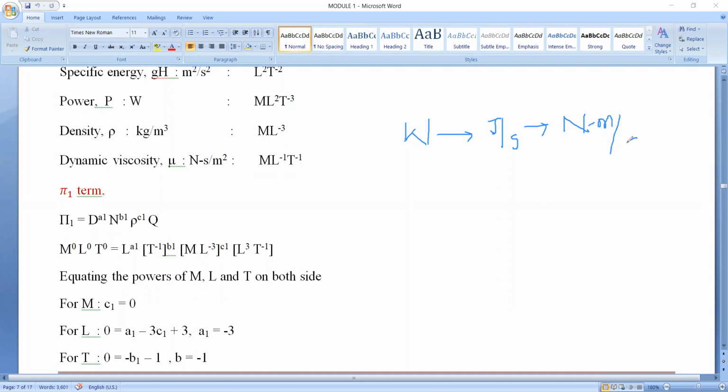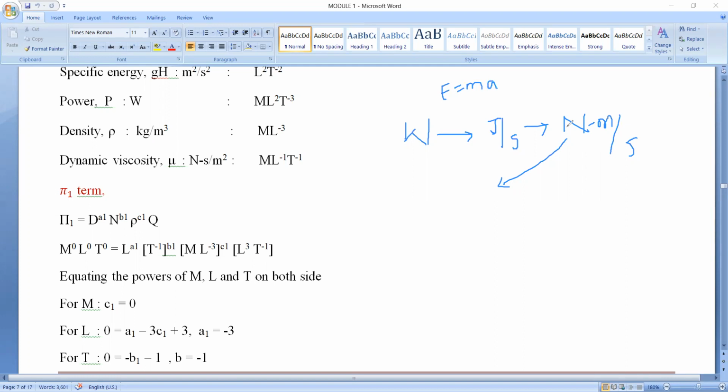Now newton is a unit for force. So newton can be written as mass into acceleration, because F equals m into a, force equals mass into acceleration.